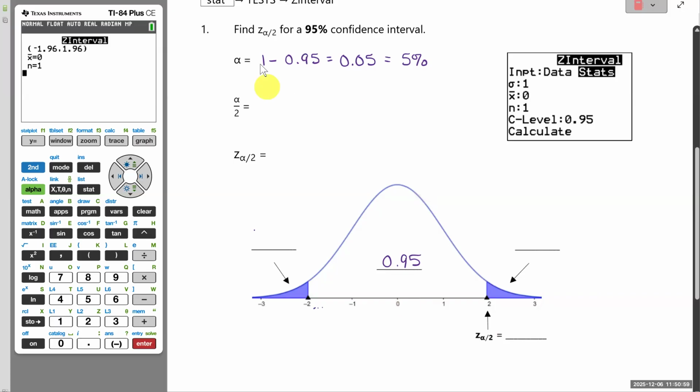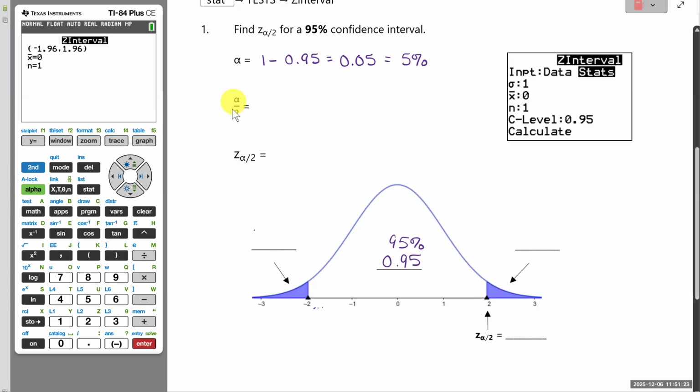When we subtracted 0.95 from 1, that's telling us what would be left over in these two tails together. If 95% of the graph is in this center part, that still leaves me 5% of the entire area. So these two sides together are 5%.